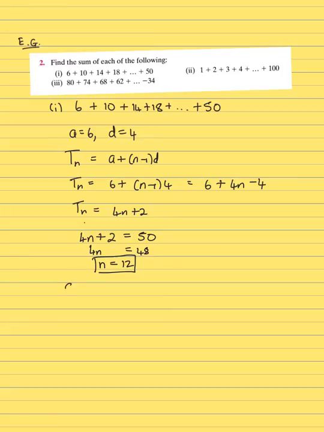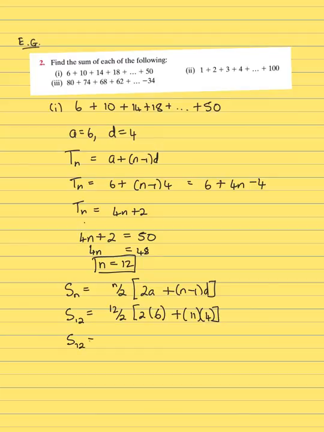In general, we know that Sn is n over 2 times 2a plus n minus 1 times d. And we want to now find S12 because there are 12 terms. So 12 over 2 times 2 times a, which was 6, plus n minus 1, so 12 minus 1 is 11, times d, which is 4.